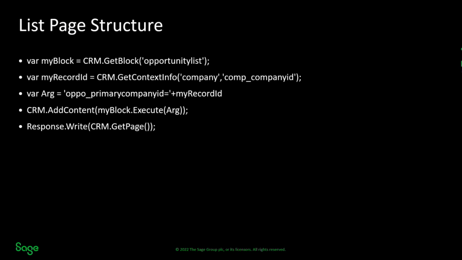Now, the execute method here is the fundamental method for the block. It's going to return the HTML that needs to be included inside the content of the page.